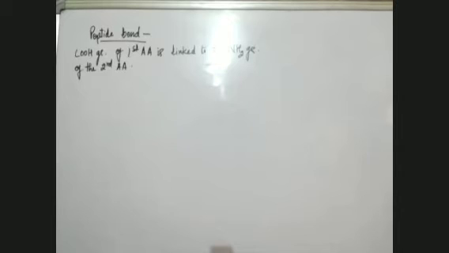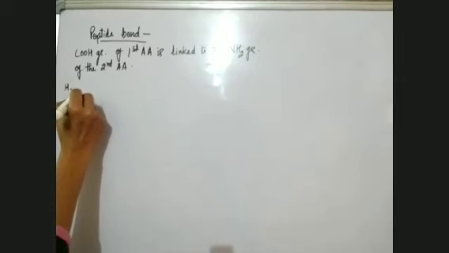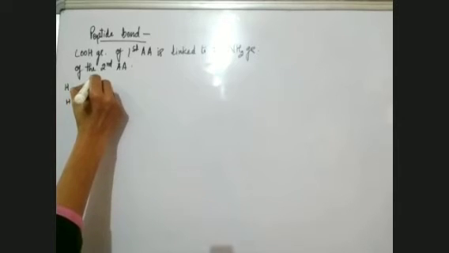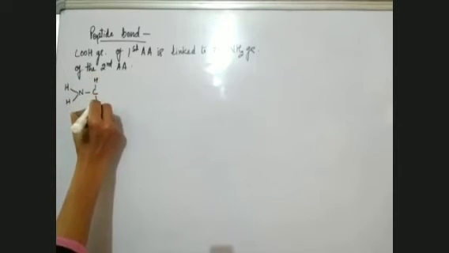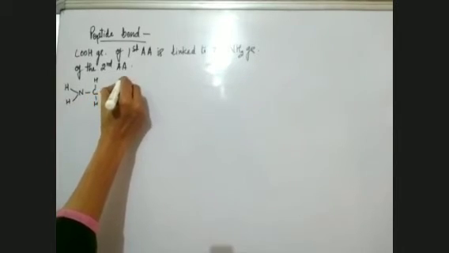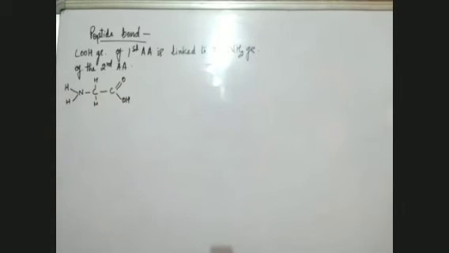The linkage is shown like this. This is H, another H linked to N. Then we have C. Let's show it with glycine, the simplest amino acid. Then C, double bond O, and here OH. This is one glycine molecule.